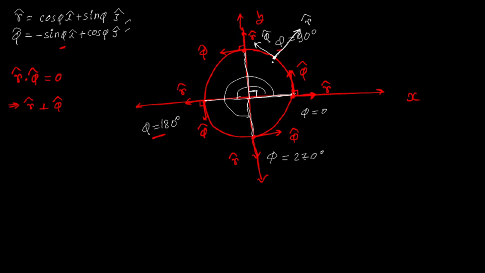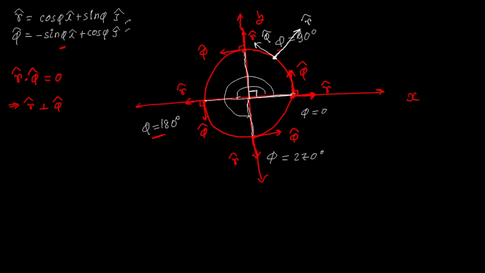Okay, so this way you can define the unit vectors at any point on this circle. And we will use this 2D polar coordinate system when situations like a circular loop or a 2D circular disk appear. For that kind of problem, we will always use the 2D polar coordinate system.